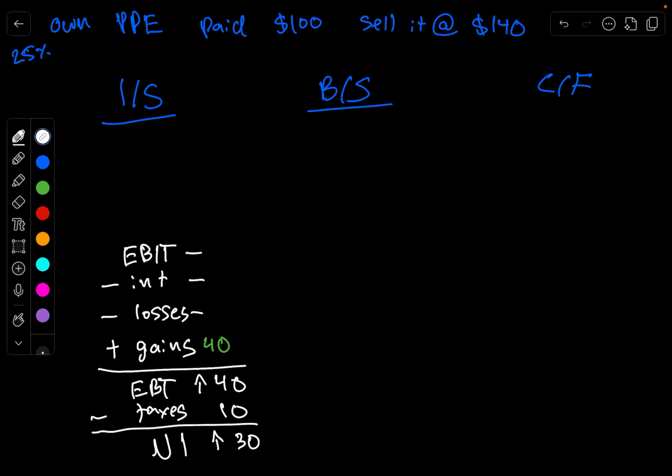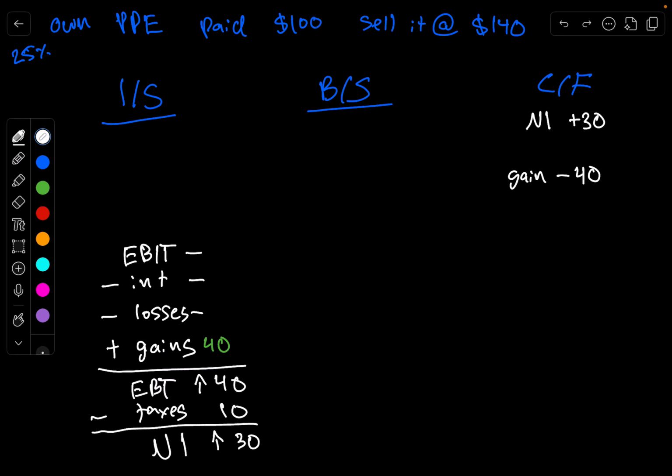We flow through that net income increase of $30. But again, just like in the losses example, this gain is not a cash gain, so we're going to have to reverse that. It isn't correct to say that I got $40 in terms of a gain on the sale.